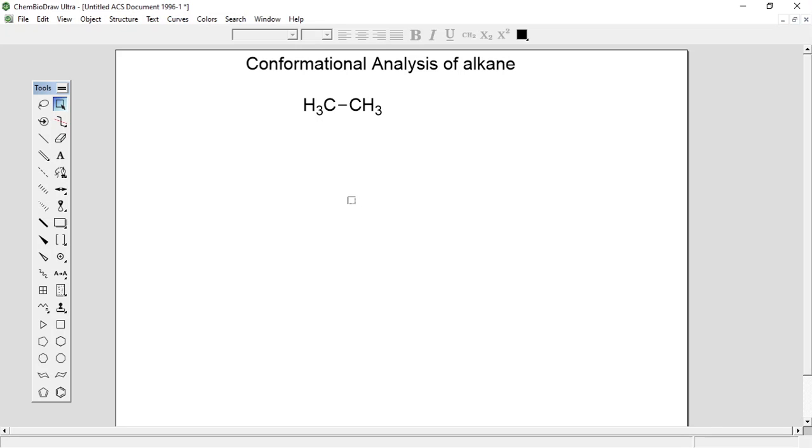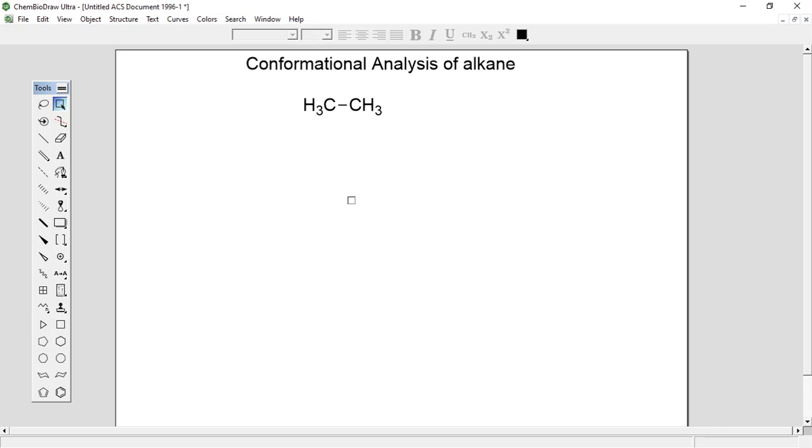And the study of energy changes occurring during such rotation is called conformational analysis.